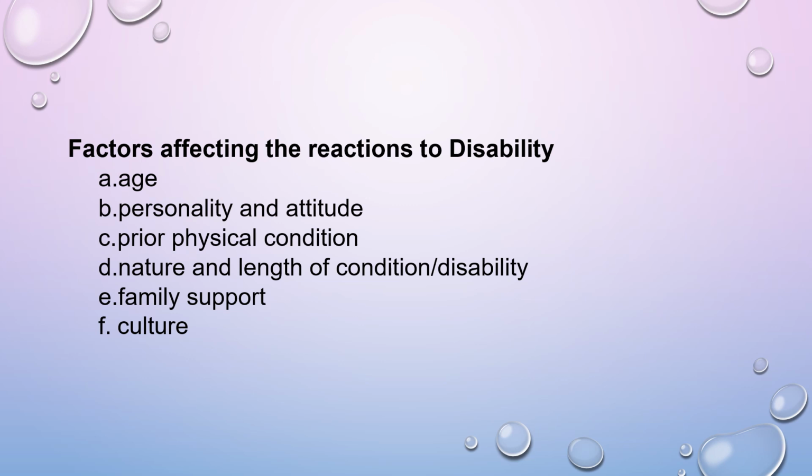Next, let us see prior physical condition. So let's say you have a prior physical condition, and because of that prior physical condition, you became disabled, diba? Let's say your physical condition is that you are diabetic.